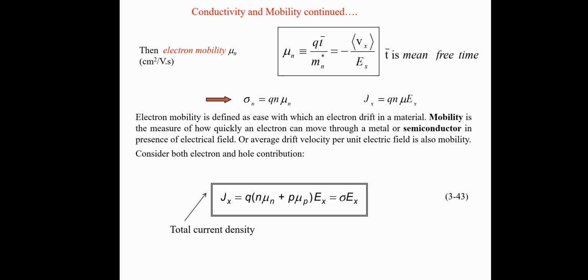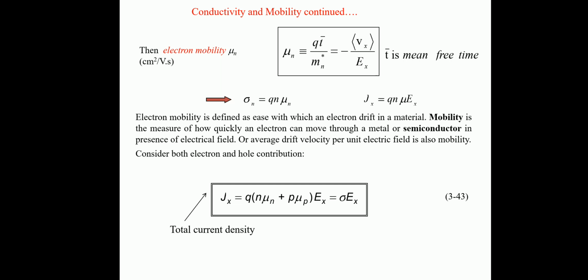Using mobility we can write the conductivity for electrons as sigma n equal to q n mu n, and for holes sigma p equal to q p mu p. Due to the drift of electrons and holes under an electric field, the total drift current density is q times (n mu n plus p mu p) times the electric field, or conductivity times electric field.